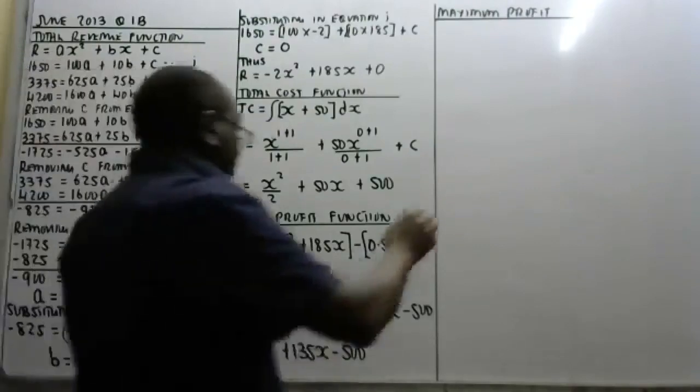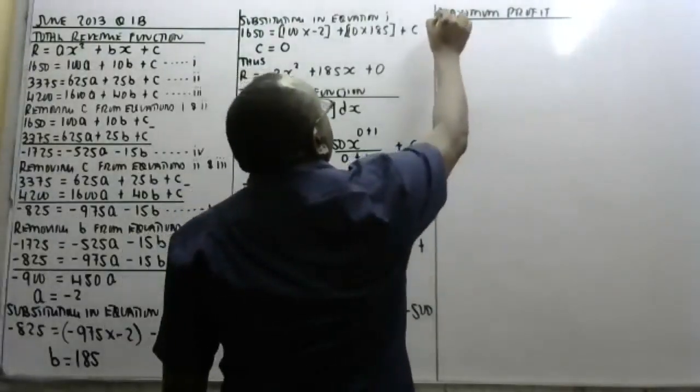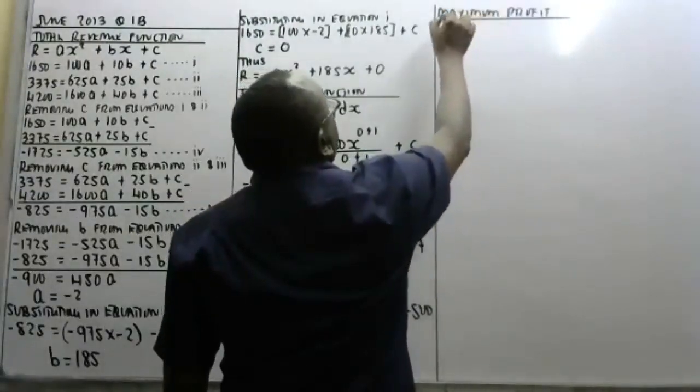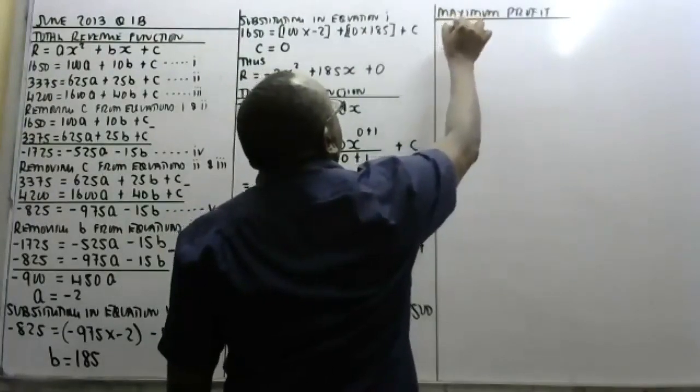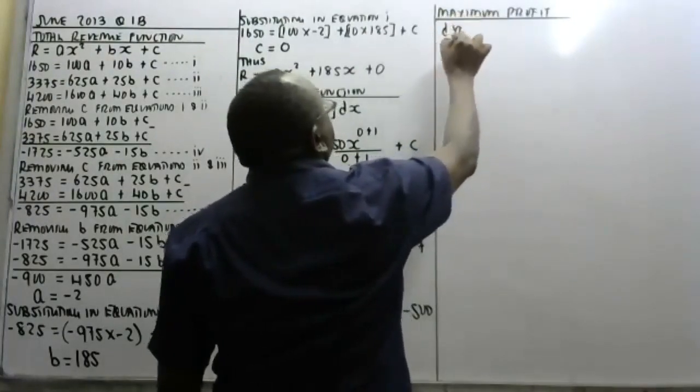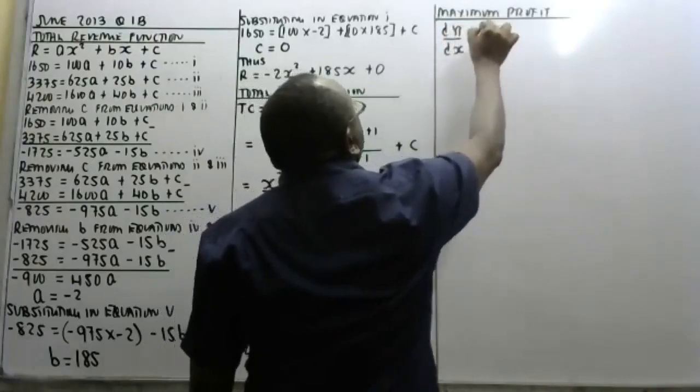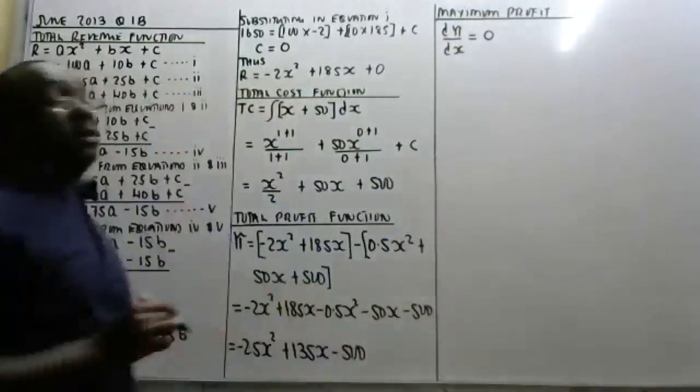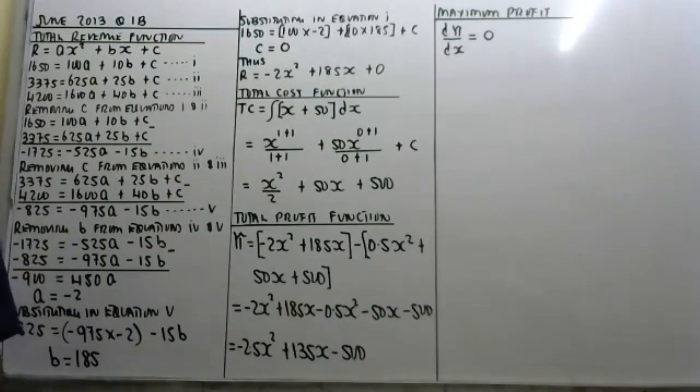As we have been saying, the differential of pi with respect to x should be equal to 0. We are looking for maximum profits. The differential should be 0.